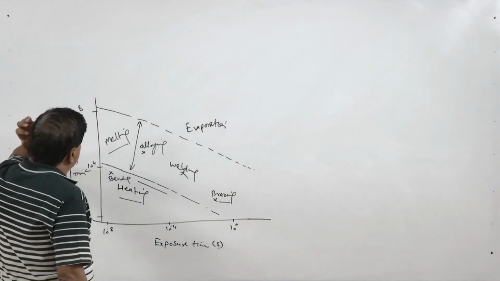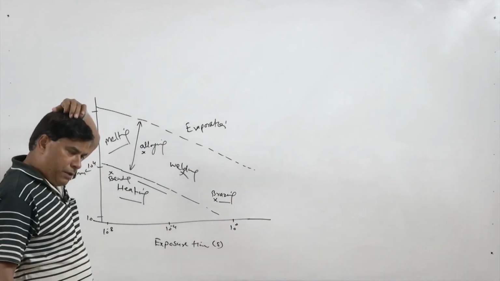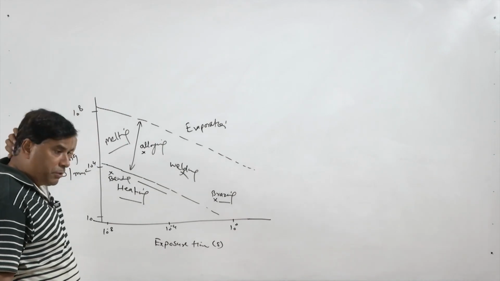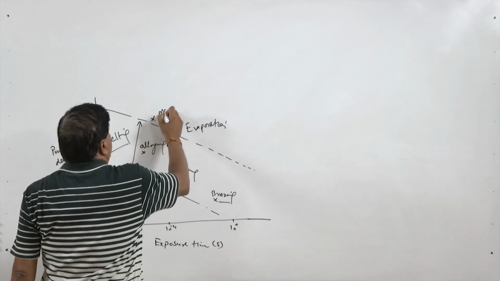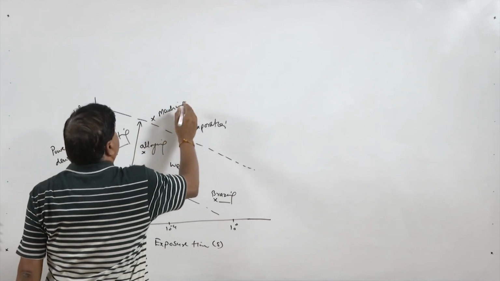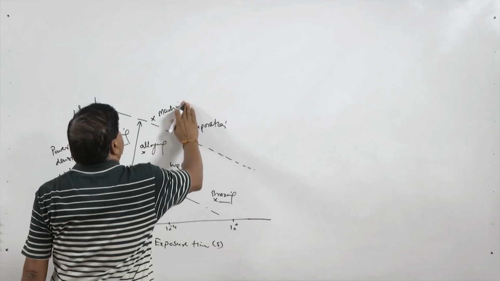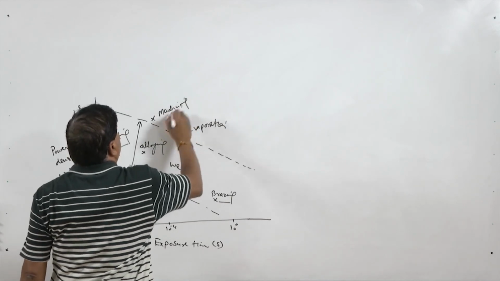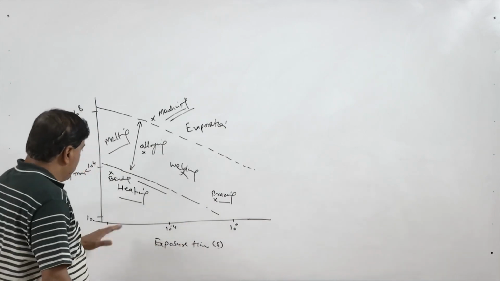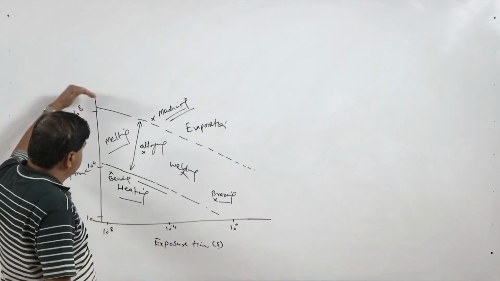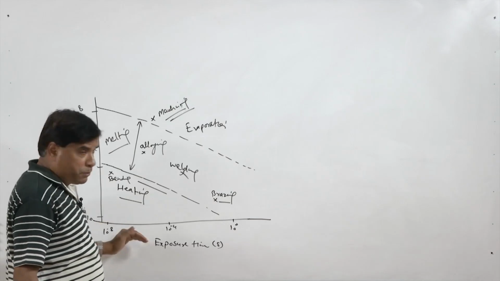So more than 10 to the power 8 power density is normally used for the evaporation and machining purposes. So that is somewhere here for the machining, the power density and the exposure time combination for the machining purposes.